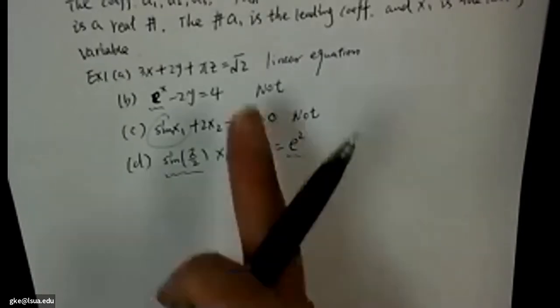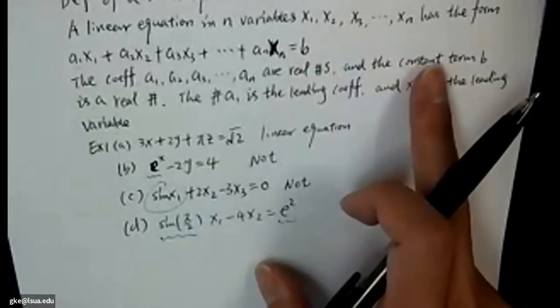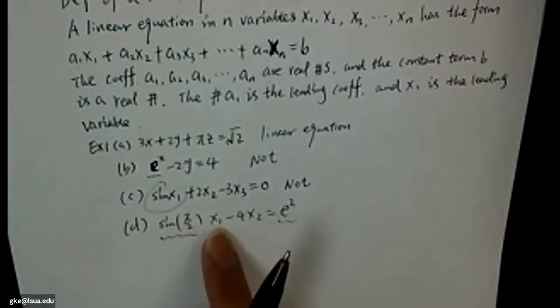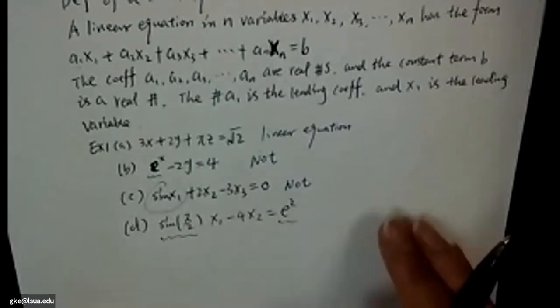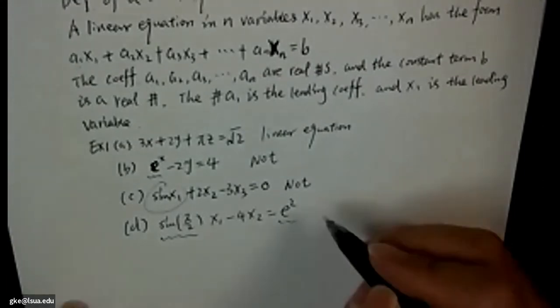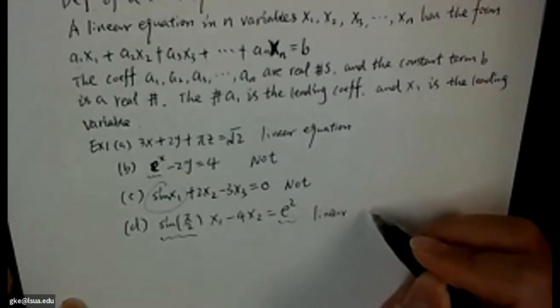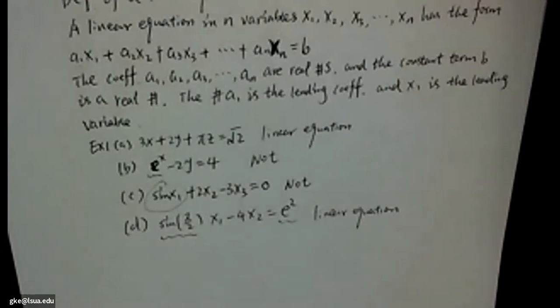All the coefficients are real numbers, and the constant term b is a real number, and all the real numbers are multiplied by a variable. So that is a linear equation. Understood? Any questions? No question. We're going to continue.